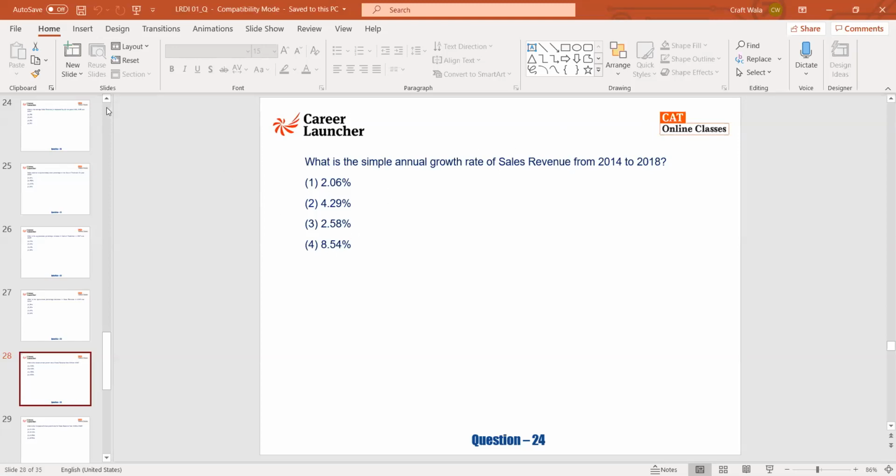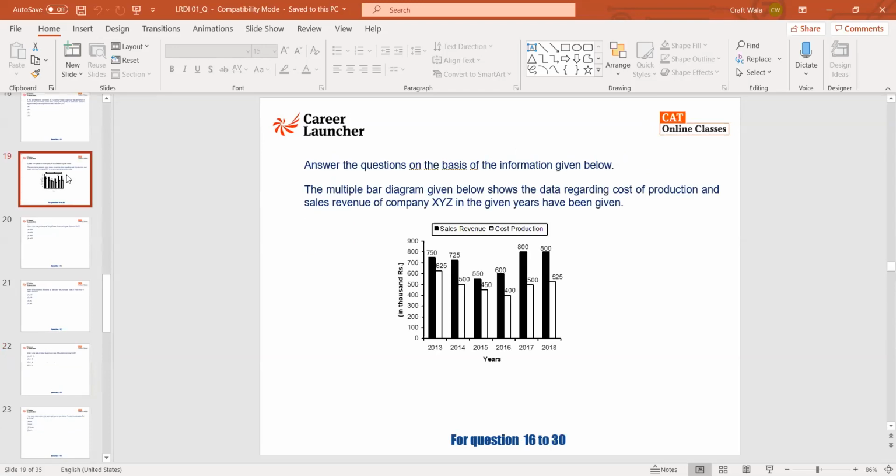Sales revenue 14 to 18. 14, what is my sales revenue? 14, my sales is 725. 18, it becomes 800. So it is increased by how much? It has increased by 75. So I should be doing 75 upon 725 into 100. Right, so this will come around 10.5%, somewhere around that.